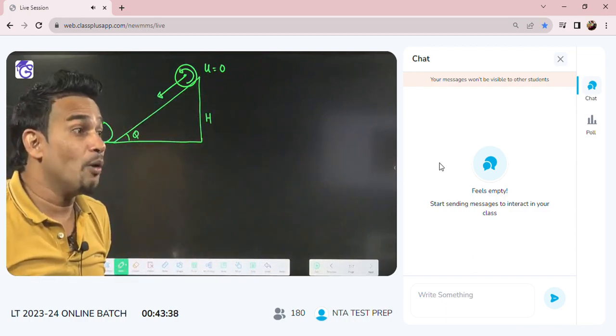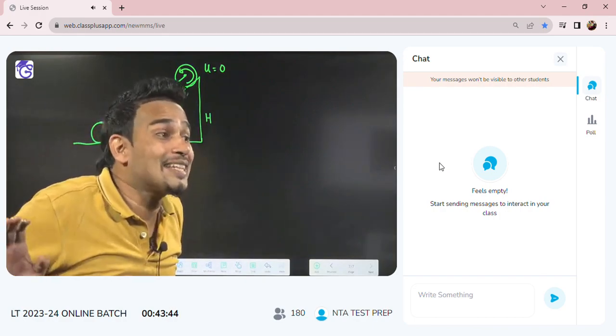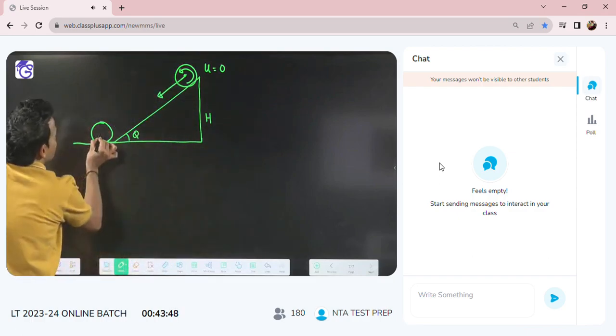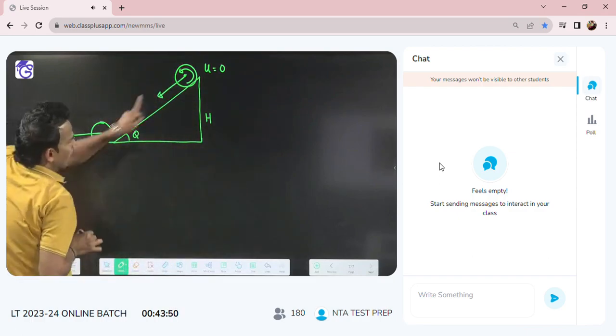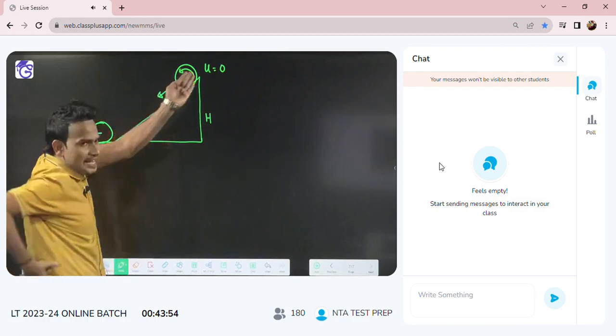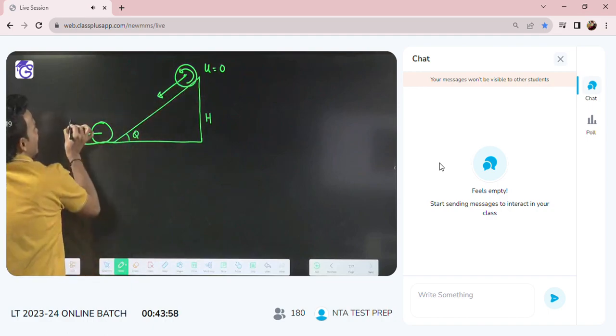Velocity will not be 0 now. It will gain some velocity, which means some acceleration must be present. When the body comes from here to here, the initial velocity was 0. When it reaches the bottom, it has velocity.